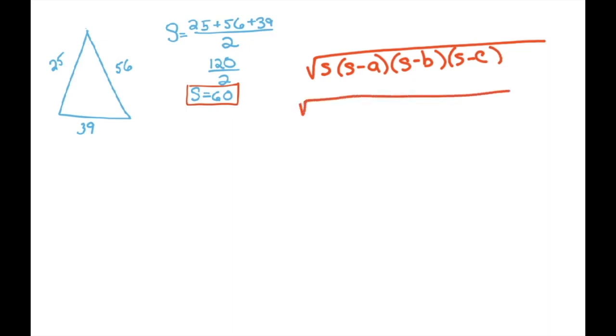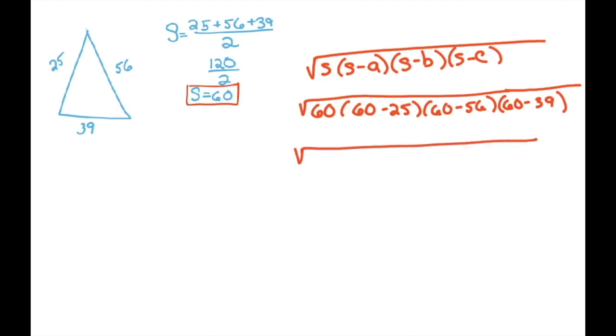So I have the square root of 60 times 60 minus 25 times 60 minus 56 times 60 minus 39.